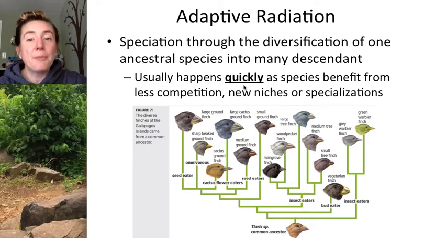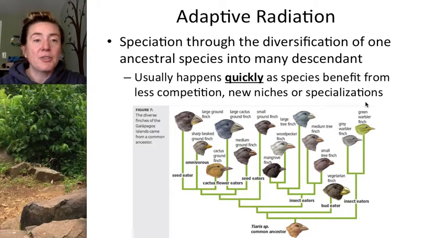This usually happens quickly as species benefit from less competition or new niches or specializations. So there might be maybe a predator that's been removed, and that can allow for adaptive radiation to occur, or just a competitor species that's being removed. New niches, so this is like a new job or role that opens up in the environment. So think of when the dinosaurs became extinct.